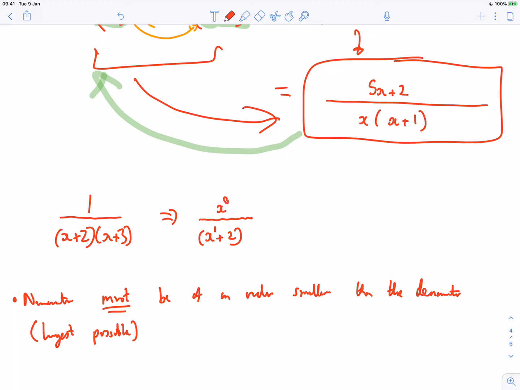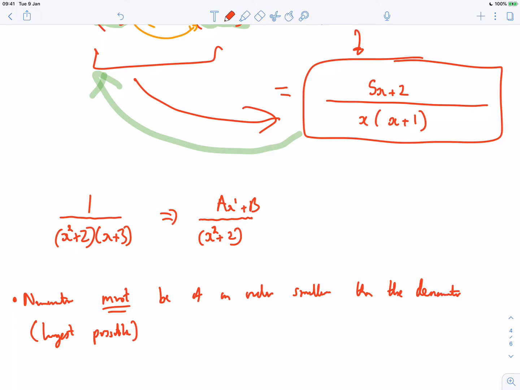So I need an x to the power 0 or smaller. And I want the largest one. So clearly x to the 0 is just a constant. So we'll call that a. By the way, if this was 1 over x squared plus 2 times by x plus 3, so this was an x squared, the biggest power of x that I could fudge in there would be x to the 1. So I'd have to consider a linear term, ax plus b on the top there.